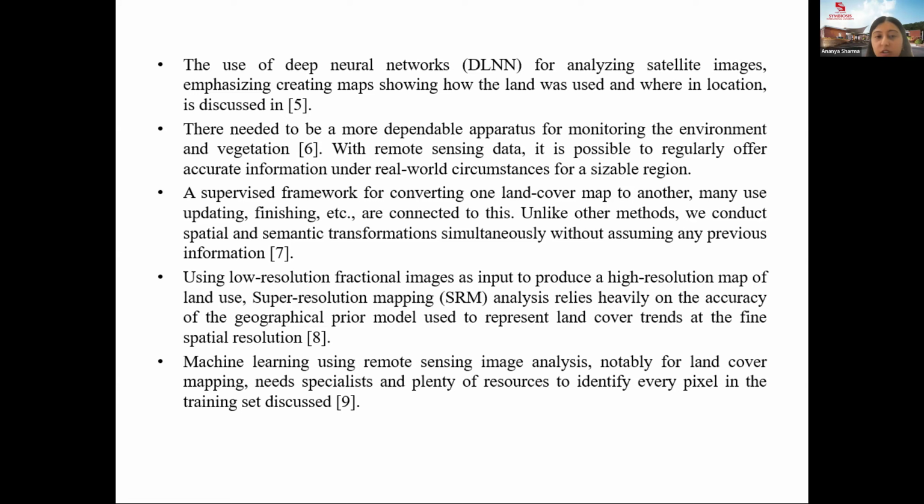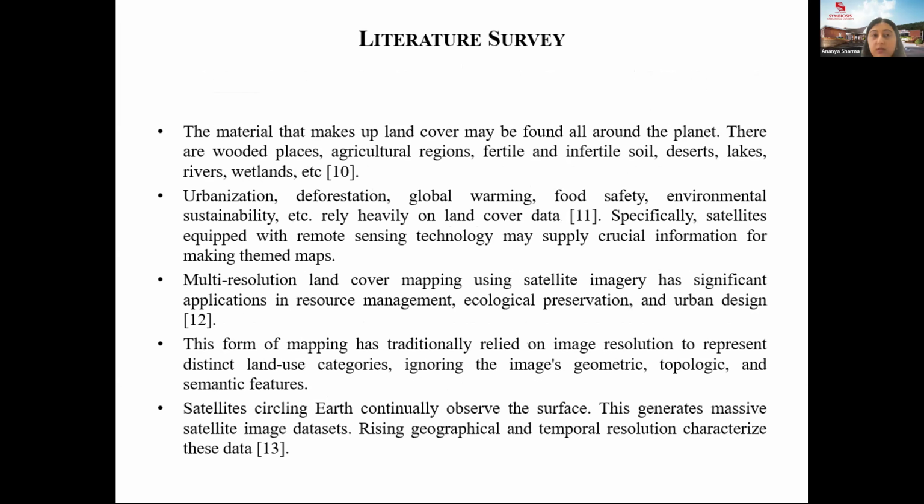Using low resolution fractional images as input to produce a high resolution map of land use, the super resolution mapping system relies heavily on the accuracy of the geographical prior model used to represent land cover trends at fine spatial resolution. Machine learning using remote sensing image analysis, notably for land cover mapping, needs specialists and plenty of resources to identify every pixel in the training set, as discussed in this paper.